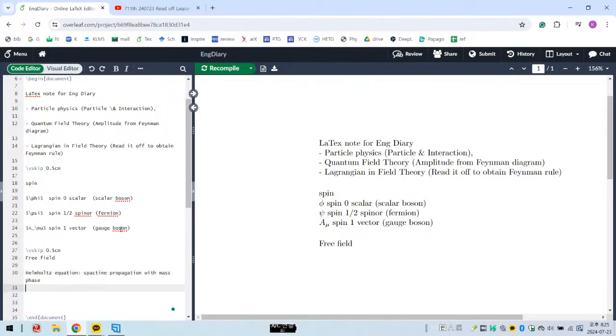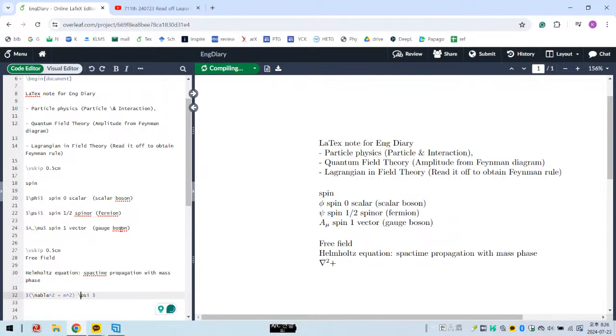So in three-dimensional spatial form it is the Laplacian plus m squared. Suppose there is some wave function or quantum state, it satisfies this equation. We have already seen such a form of the Helmholtz equation many times.